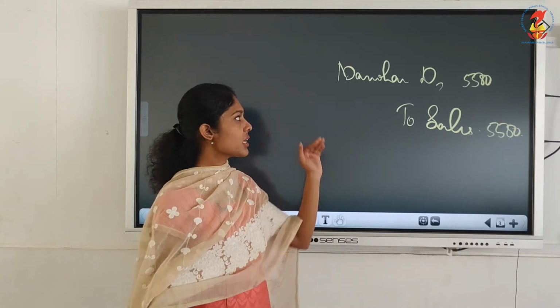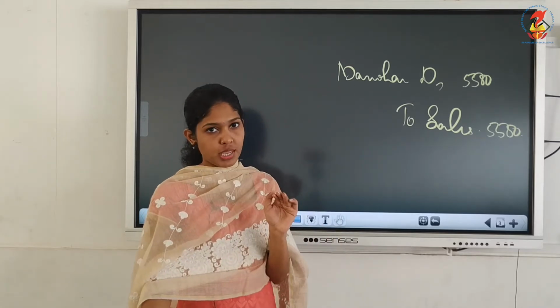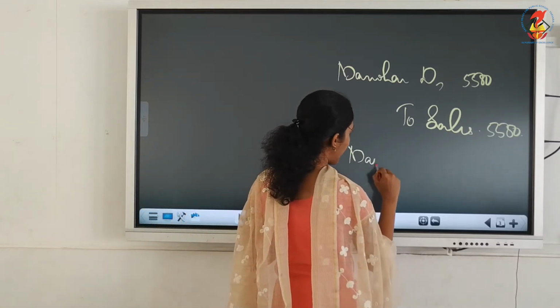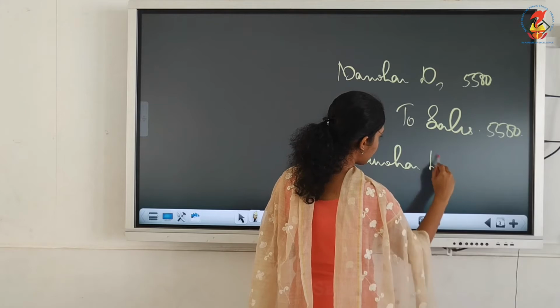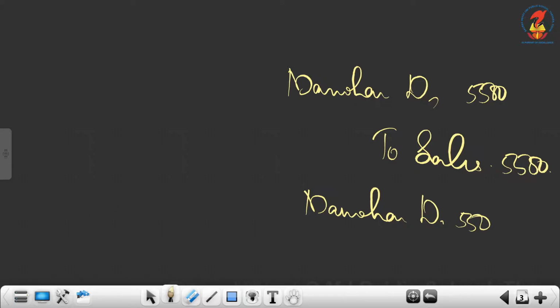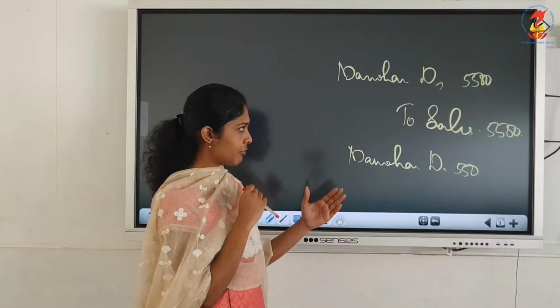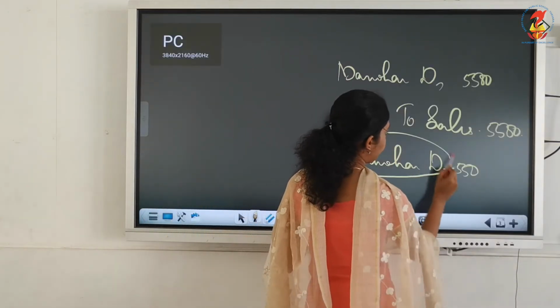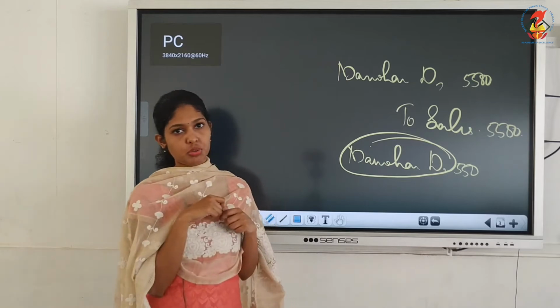But the mistake is with respect to Manohar's account. Manohar's account we debited with 5,500 but actually we need to debit Manohar with only rupees, what's the amount? 550. Understood? Manohar needs to be debited only with 550 but we debited with an excess amount. So it is just affecting this particular account.